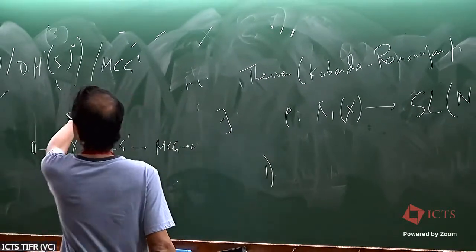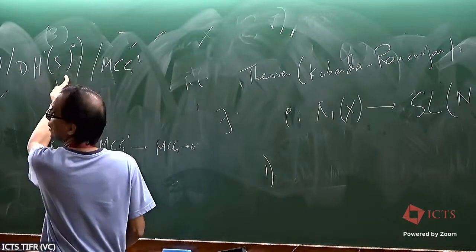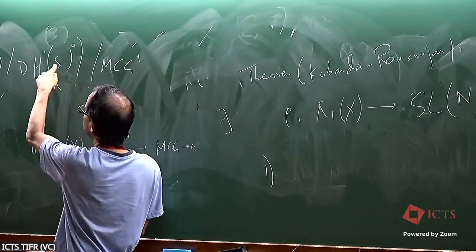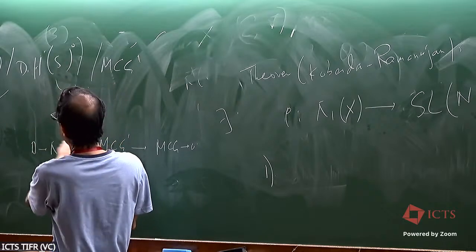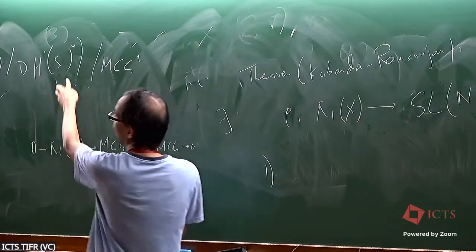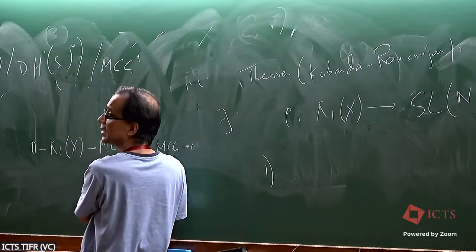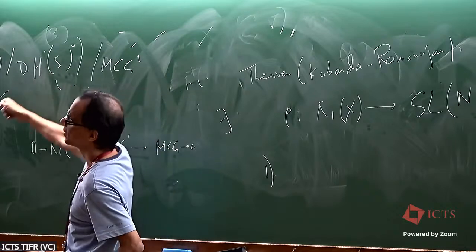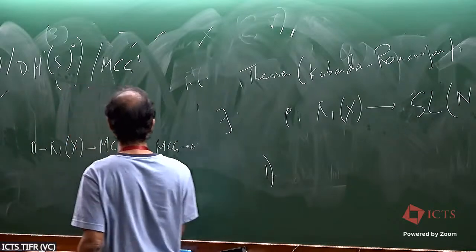So this is the exact sequence corresponding to this. This fundamental group is MCG1, and this fundamental group is like MCG, and the fibers are like surfaces. So you have this exact sequence from this fibration.